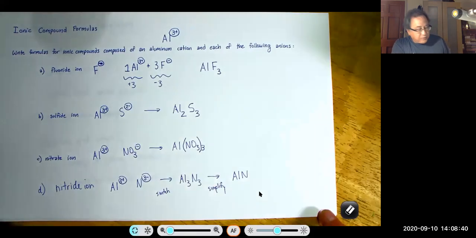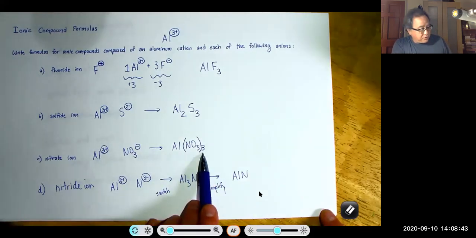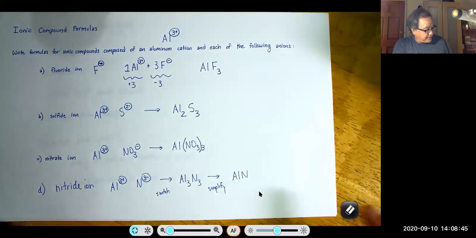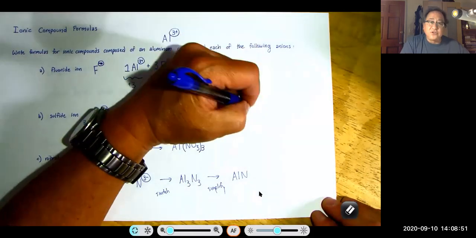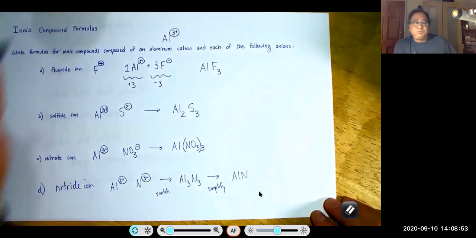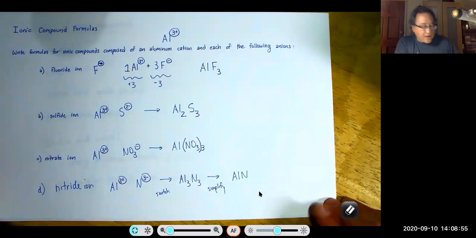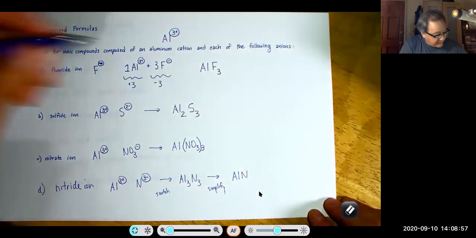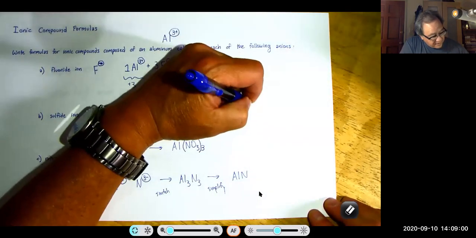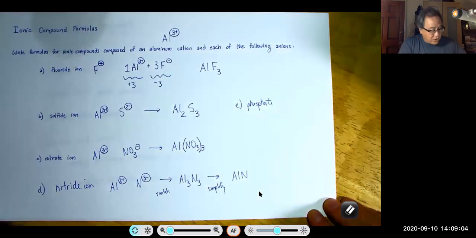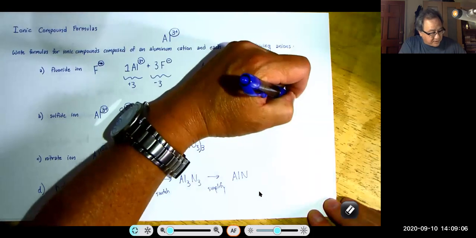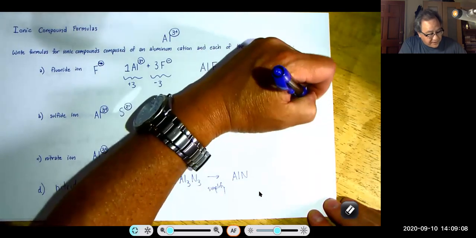Now, can a 1-to-3 ratio be simplified? Nope. 2-to-3? Nope. 1-to-3? Nope. And let's do one more example where we don't use parentheses here. Let's do aluminum phosphate, E, phosphate. So we have aluminum 3+, phosphate 3-.